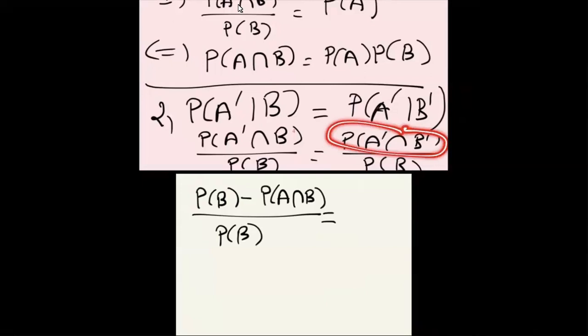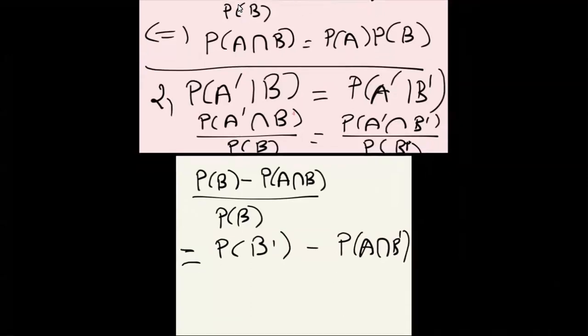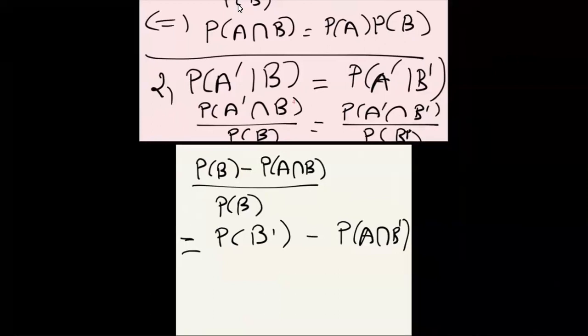And you see here, A complement intersect with B complement, by De Morgan's theorem... actually, let's not use that. You can use the same logic and write probability of B prime minus probability of A intersect with B prime. You can use this, it is fine. Divided by probability of B prime.